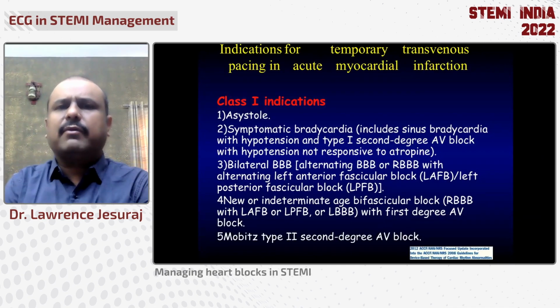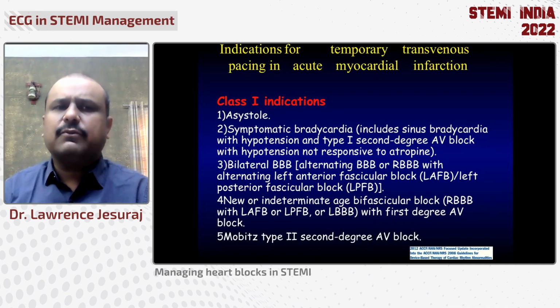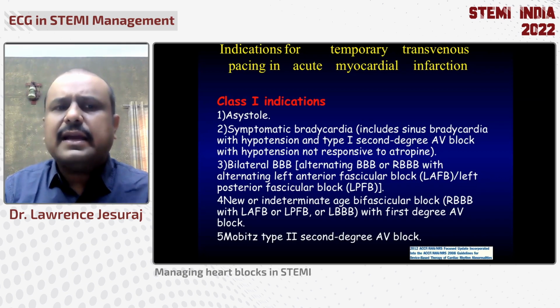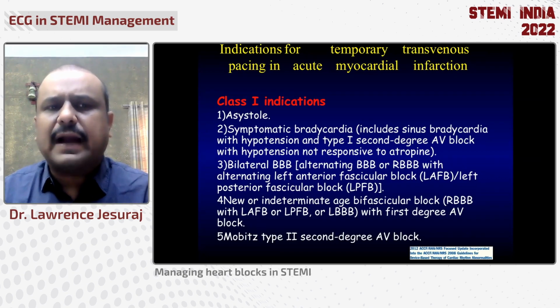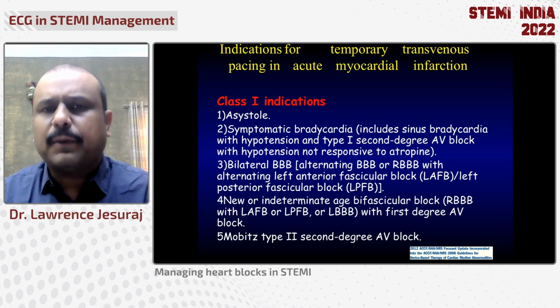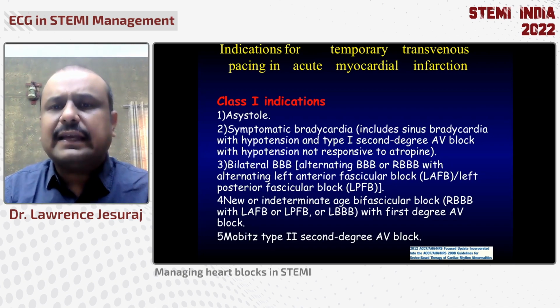When do you put a temporary pacemaker in patients who have an acute myocardial infarction? The class 1 indication remains asystole. Also when the patient has a symptomatic bradycardia, even a sinus bradycardia, which causes symptoms like hypotension and signs of hypoperfusion, or type 2 secondary AV block with hypotension, which is not responding to atropine or beta-1 agonist.